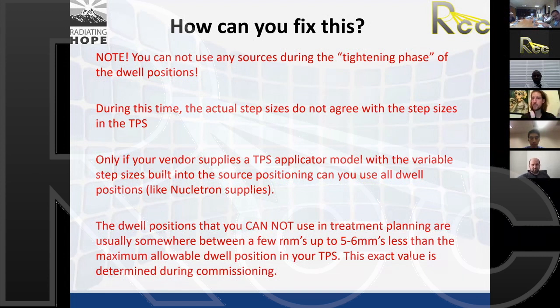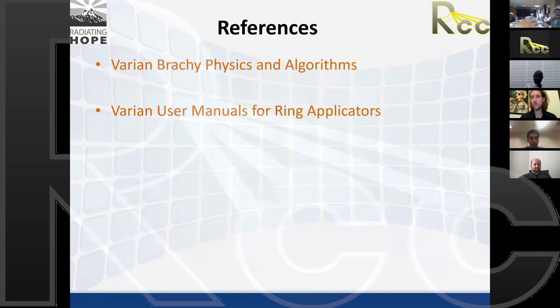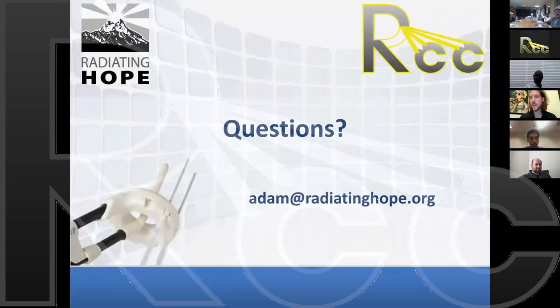So in this particular example, and on this ring in my clinic, where we have a maximum dwell position of 1300, I do not allow our physicists to plan using any dwell positions higher than 1295 in my planning system. So again, this is something that you will find out, which will be vendor, machine, and applicator specific, but very important as well. And again, here are a couple references, and I think it's time for questions.